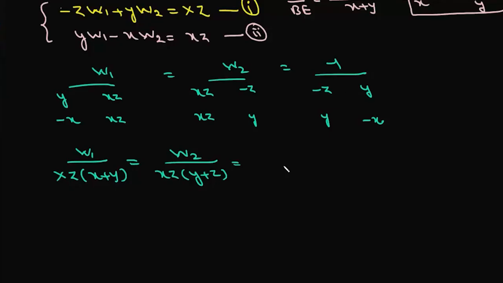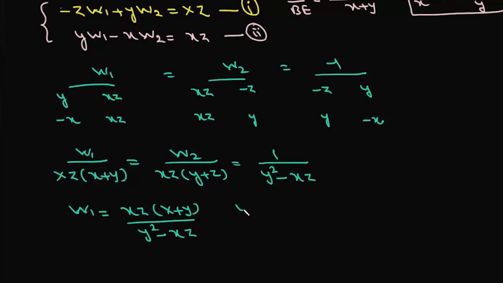So we'll take this minus down, so it will be 1 upon (Y square minus XZ). So from here we can write W1 as XZ(X plus Y) upon (Y square minus XZ), and W2 as XZ(Y plus Z) divided by (Y square minus XZ).